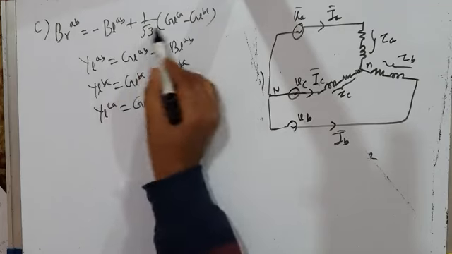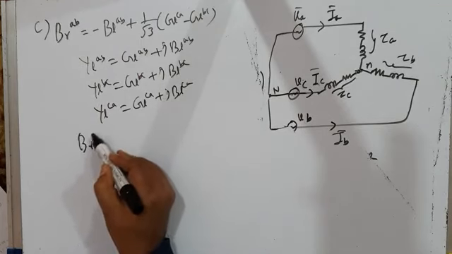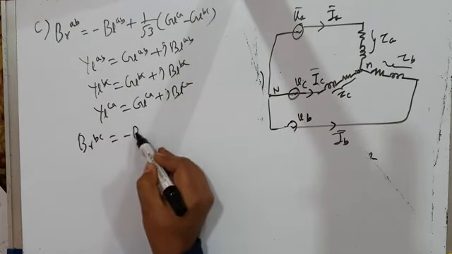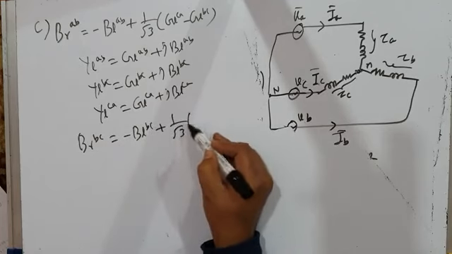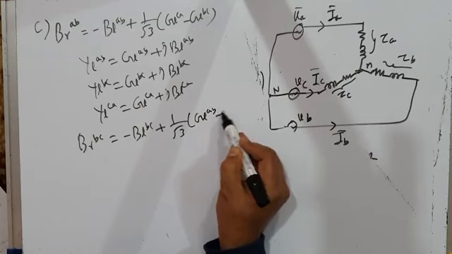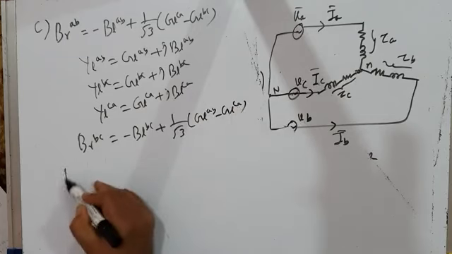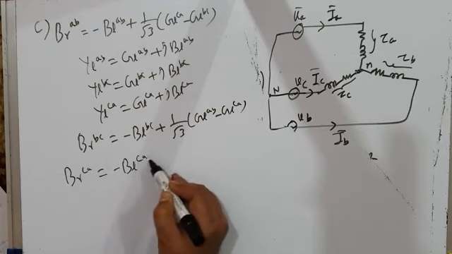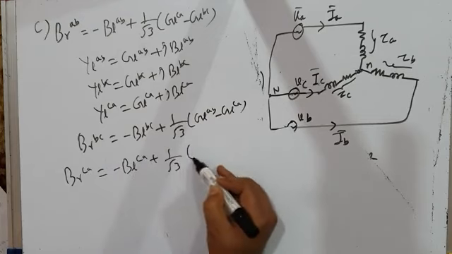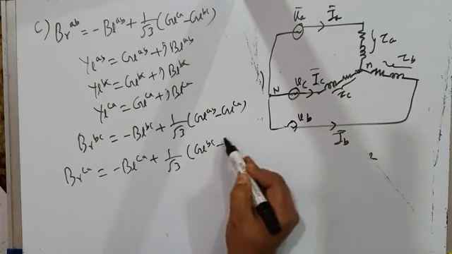Then the values of B gamma BC equal minus BLBC plus 1 by root 3 times GLAB minus GLCA, and B gamma CA equal minus BLCA plus 1 by root 3 times GLBC minus GLAB.